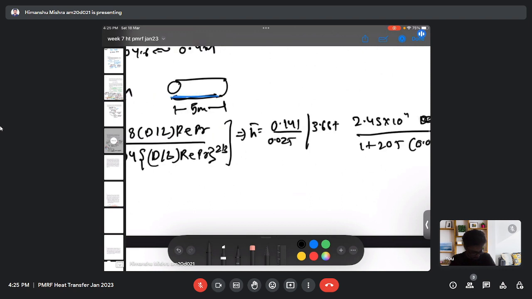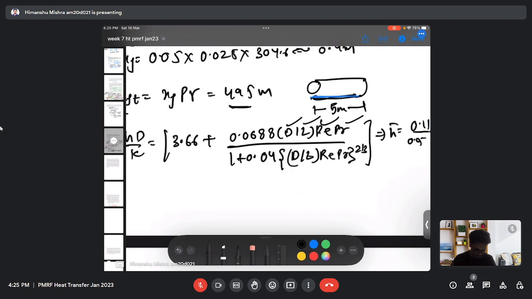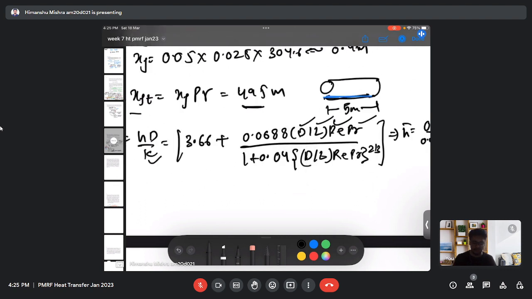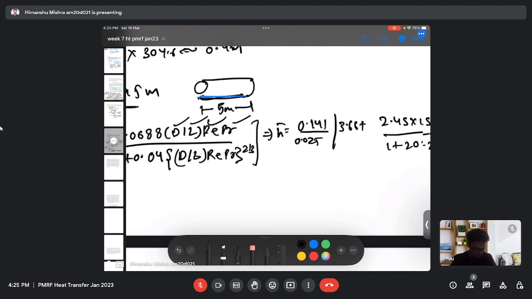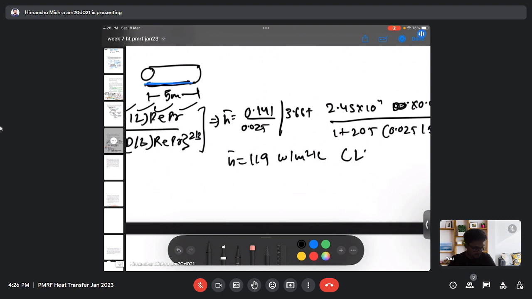So I just plug these values, the Nusselt number, Prandtl number, diameter, length, and my value for the thermal conductivity and the diameter here. So my heat transfer coefficient will be 119 watt per meter square Kelvin. This is for when the length is 5 meter.